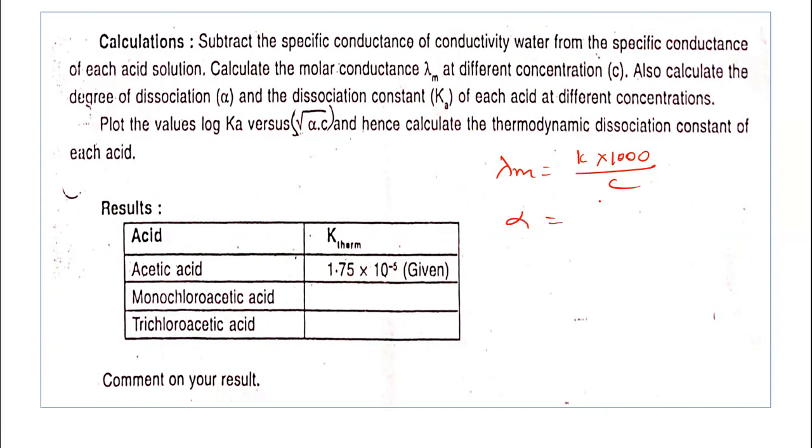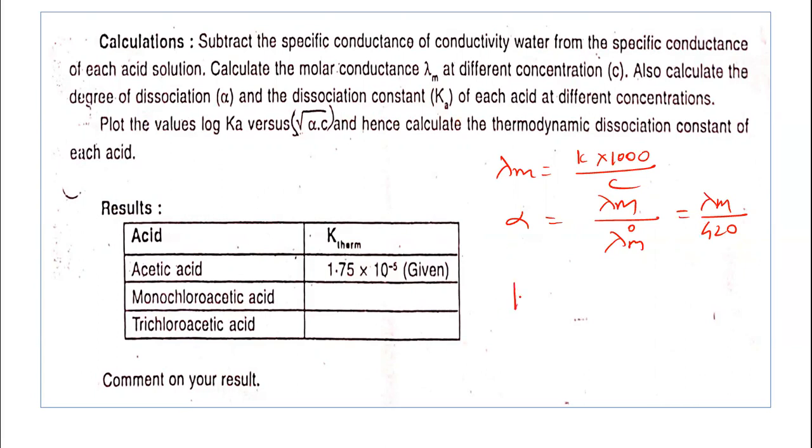The degree of dissociation is equal to molar conductance divided by molar conductance at 0 concentration, and this value is given. So it is equal to molar conductance at a particular concentration divided by molar conductance at 0 concentration, which is 420.